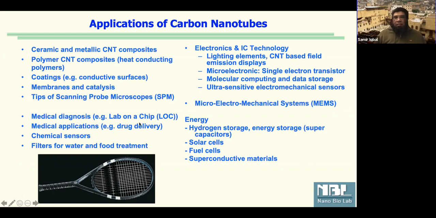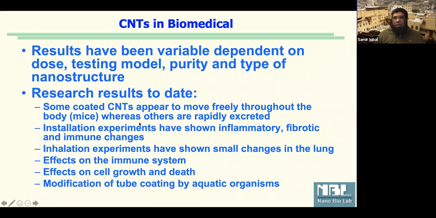So that's a fantastic material that has shown lots of application in biomedical. And you would see that we have done studies in living things, in animals, looking at the toxicity effects, or what the body response is: inflammation, inhalation, immune system, cell growth. That's a whole bunch of work that's been done on CNTs.